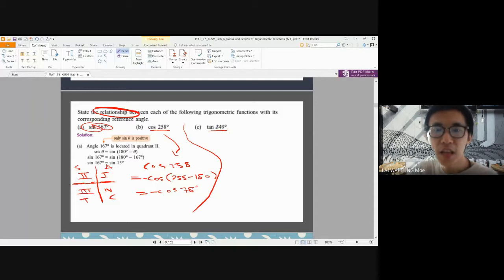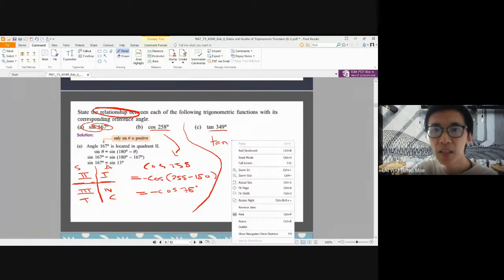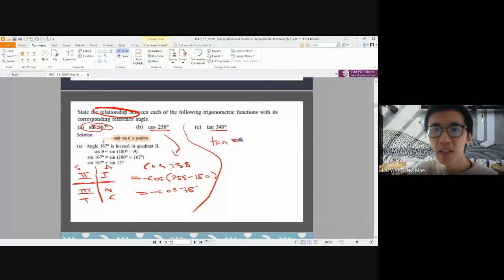How about tangent 349? Same thing. What answer do you get? Anyone already done this question? In the fourth quadrant, the alpha is 360 minus the theta, which is 349.